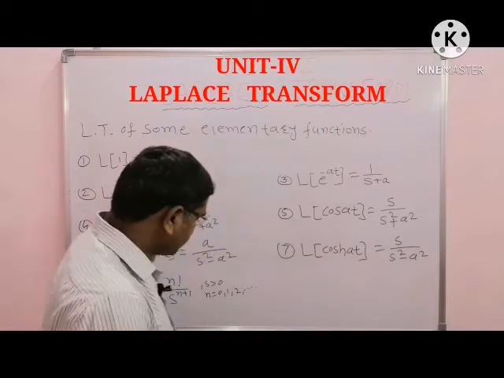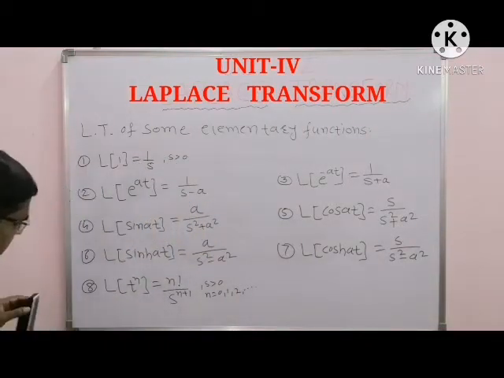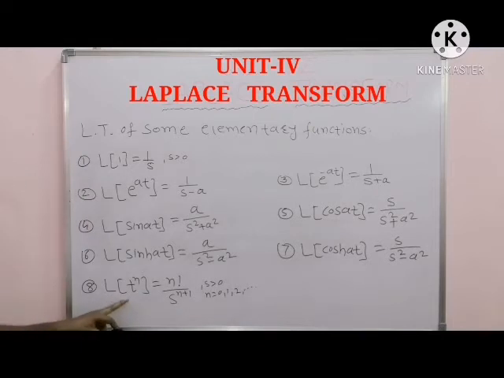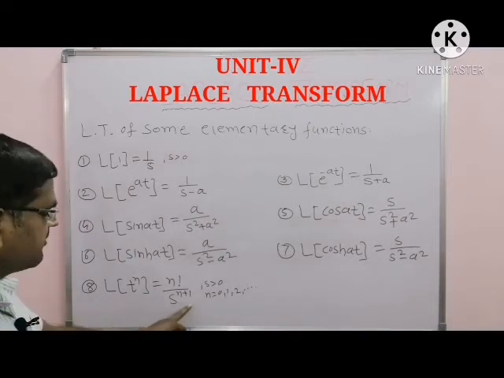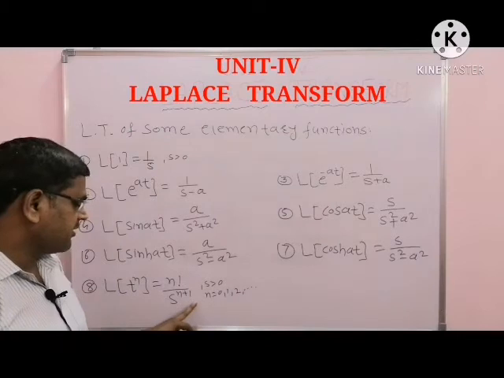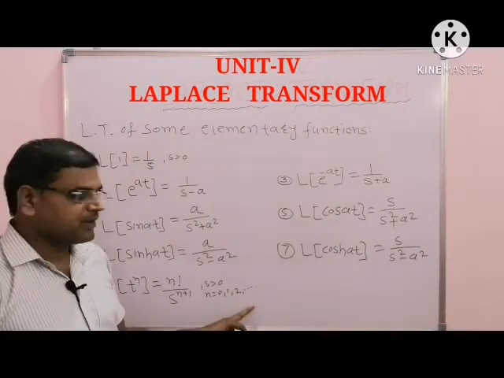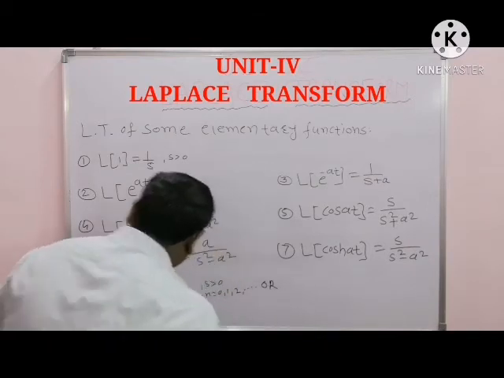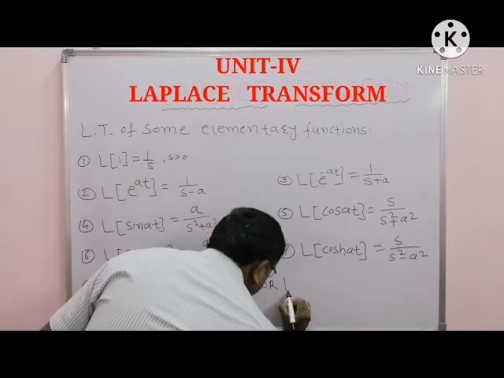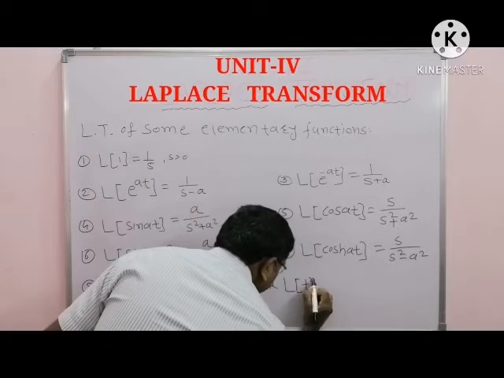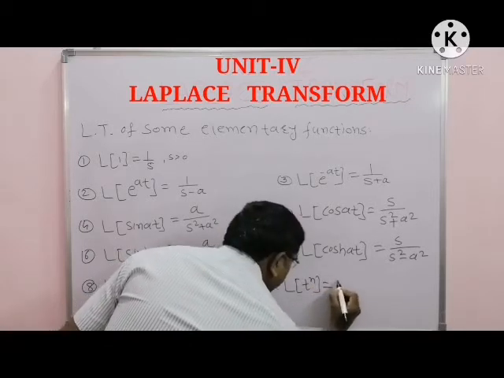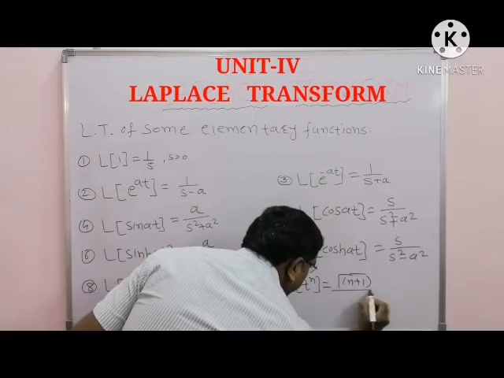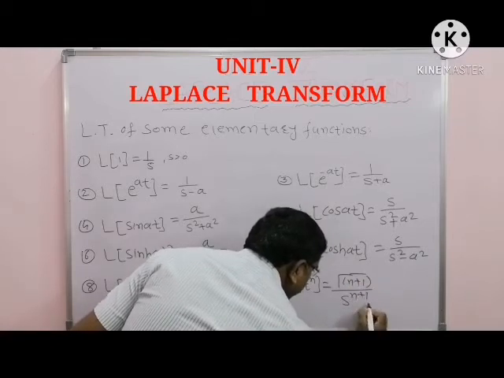Dear students, you have to remember one thing about the last formula, that is, Laplace of t to the power n equals n factorial upon s to the power n plus 1. We can use this formula when n equals 0, 1, 2, 3, and so on. Otherwise, Laplace transform of t to the power n equals gamma of n plus 1 upon s to the power n plus 1.